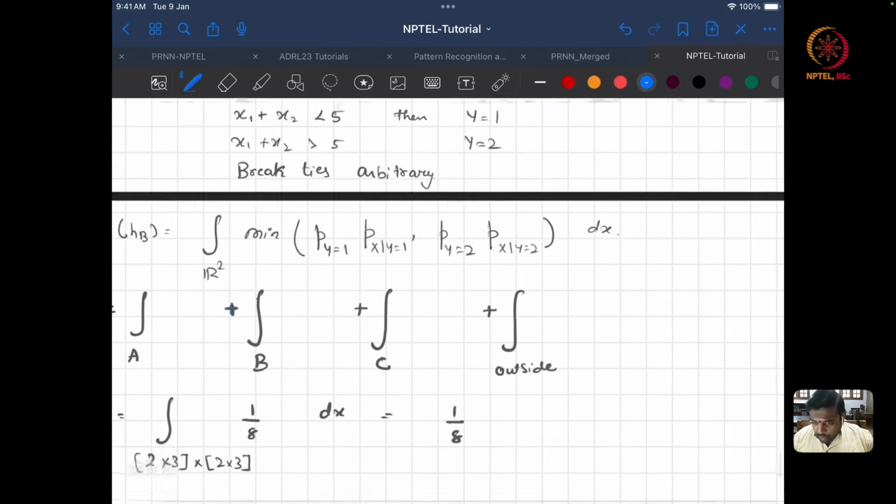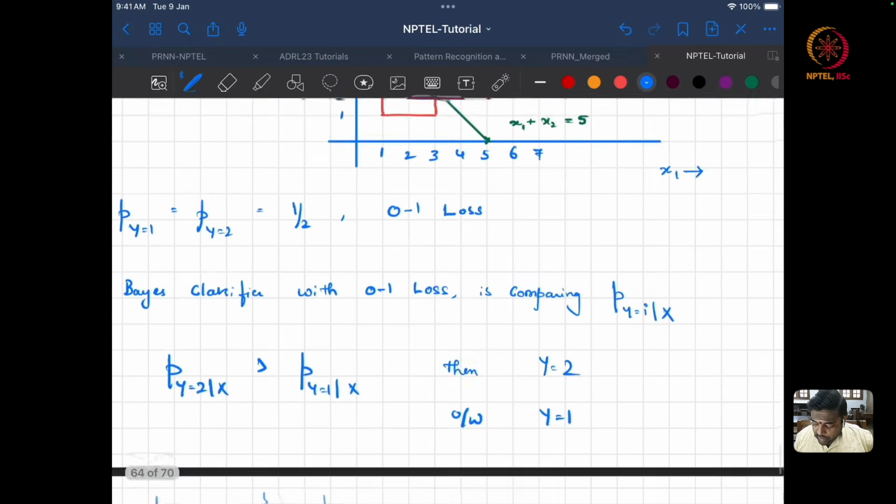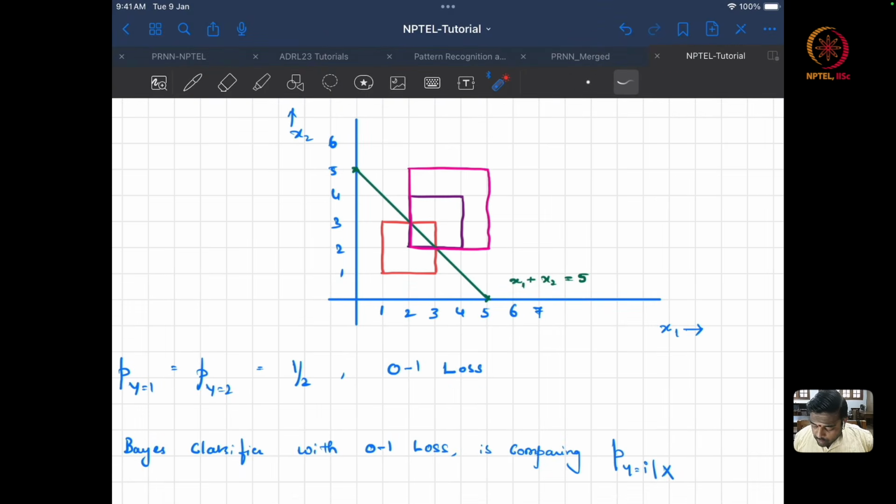Logically, if you have thought of this, since misclassifying as class 1 is 10 times more expensive, in the overlap region you decide that y is equal to 2. That means this whole region you see as y is equal to 2, and only this region you call y is equal to 1.